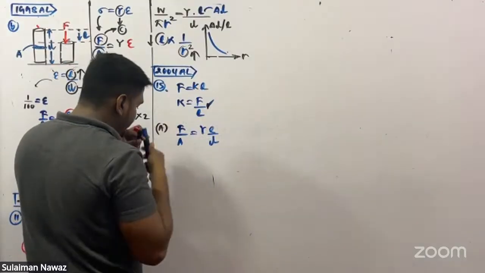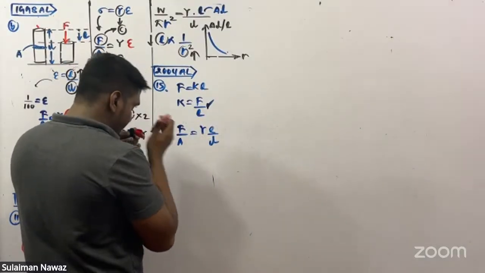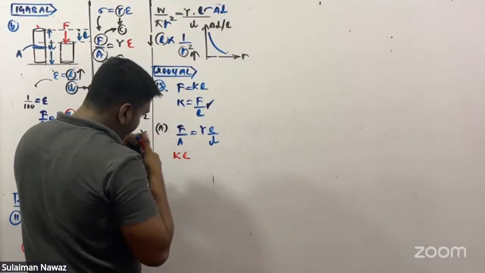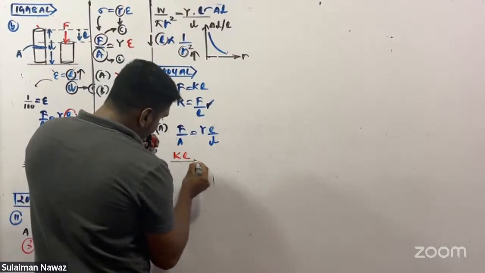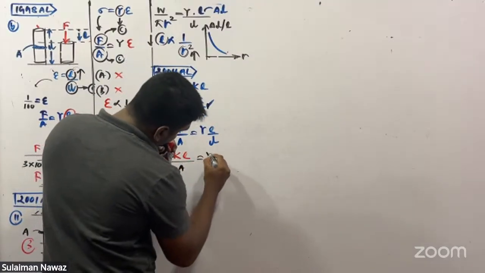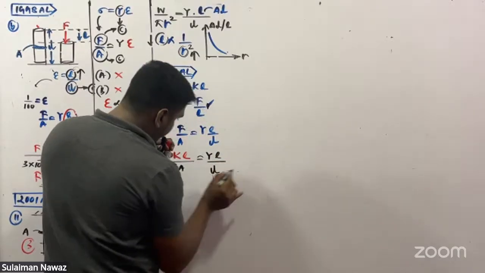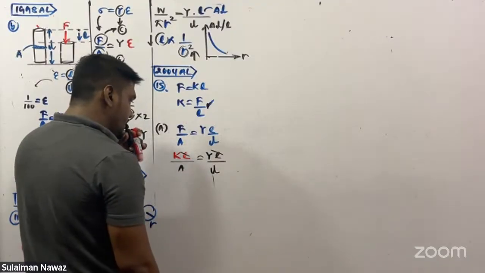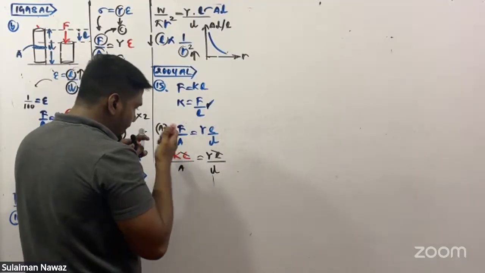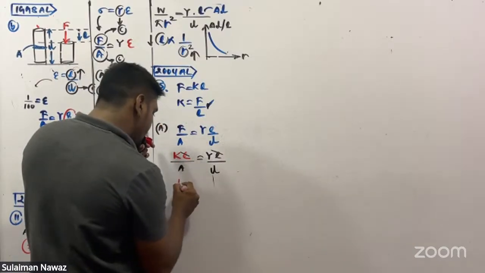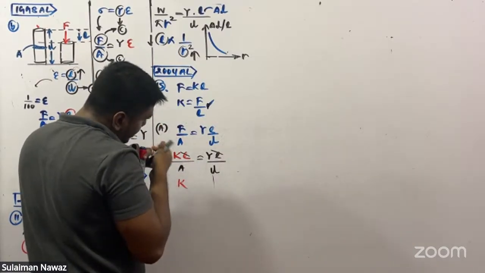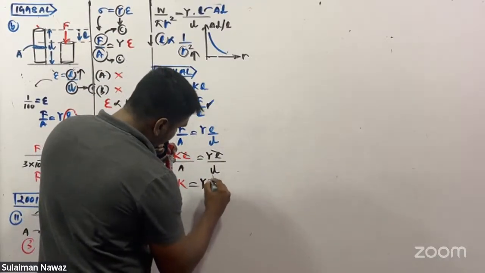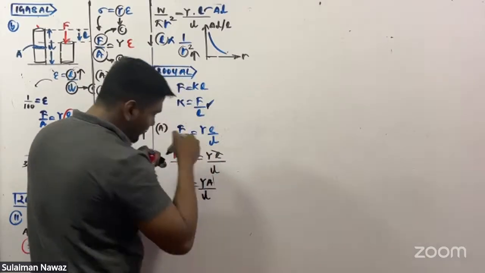I can write F as Ke, so Ke over cross-sectional area A equals Young's modulus Y times e over L. The e cancels out. Then K equals Y A over L.